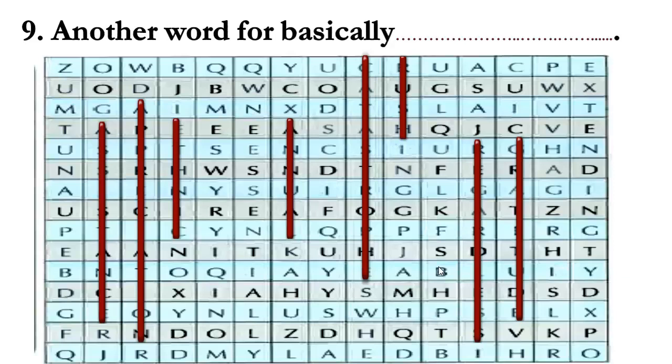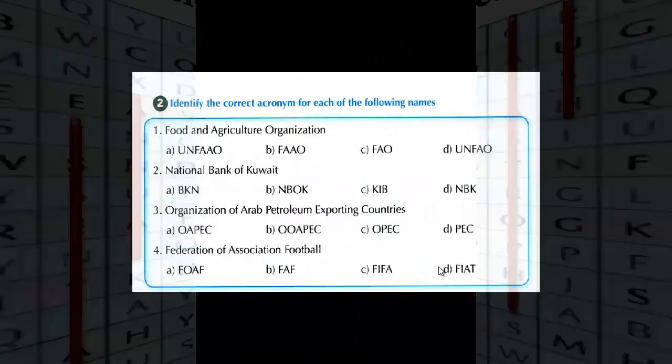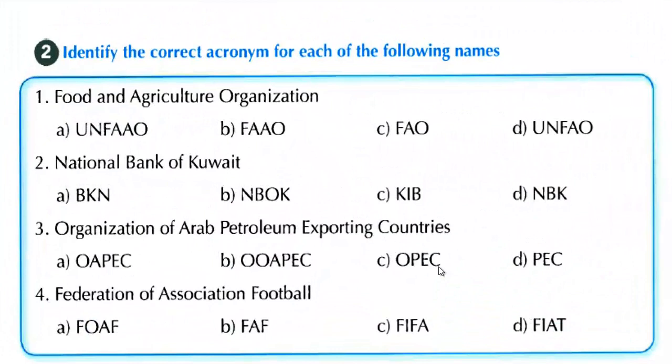A synonym for the word basically. So basically here, essentially. So essentially here the same meaning of basically. That's for exercise number 1. Let's go on exercise number 2 in the same page 13, our workbook.